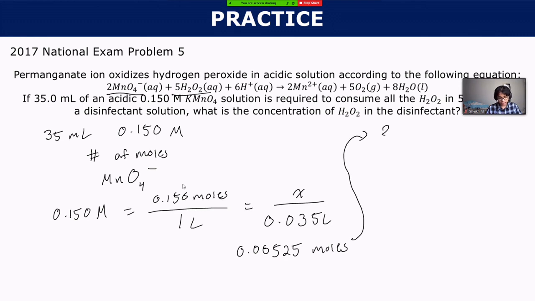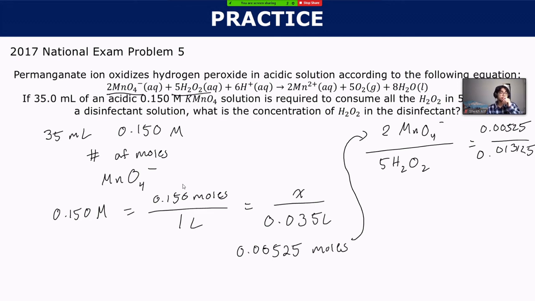We know that permanganate ion and H2O2 are in a 2:5 ratio, MnO4 minus over 5 H2O2. So if we have this many moles of permanganate ion, that means we're going to have, how much is that? 0.013125. We're going to have this many moles of H2O2.